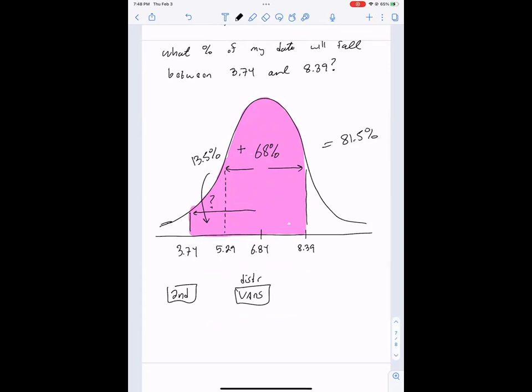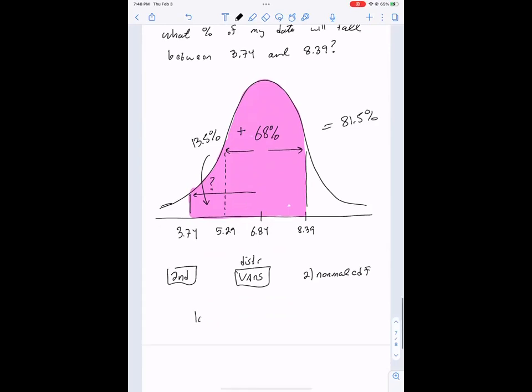That will take us to distribution. Then pick number 2, which is normalcdf. And then for lower, enter 3.74.